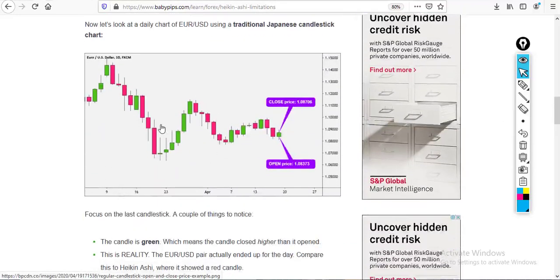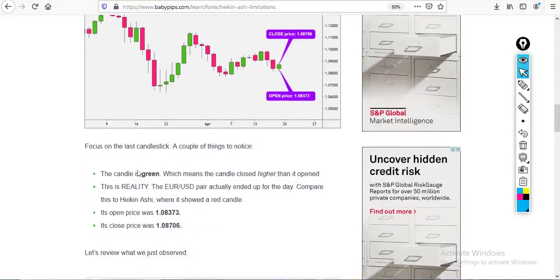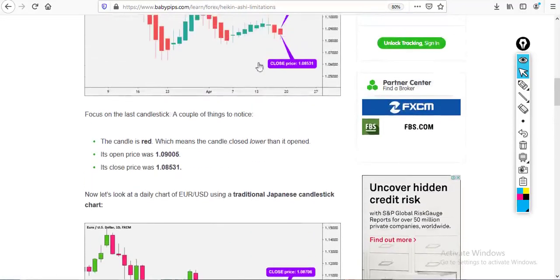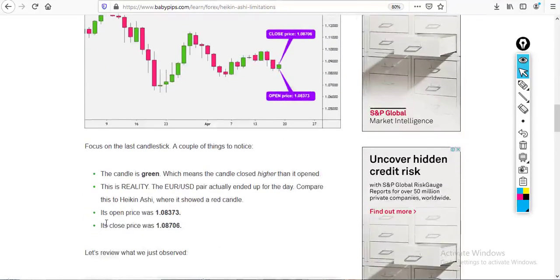Now for the traditional Japanese candlestick chart, let's discuss the open and the close. Take a look. The candle is green compared to here, where the candle is red. It means the candle closed higher than its open.